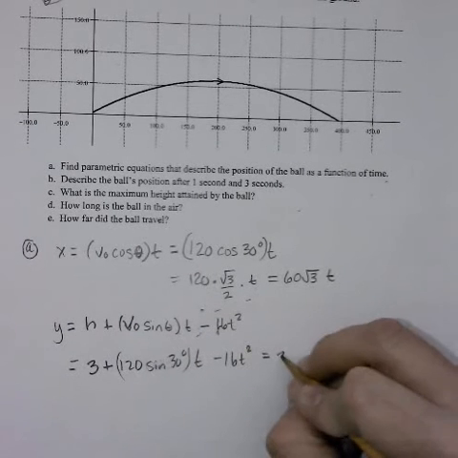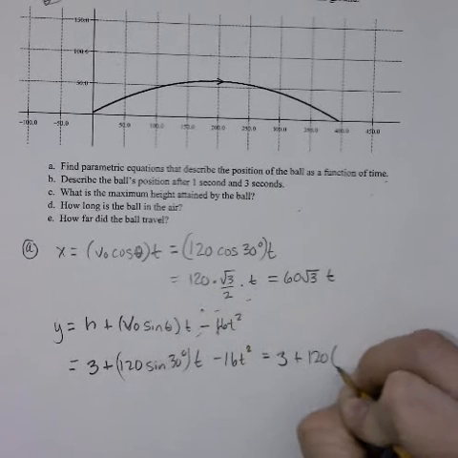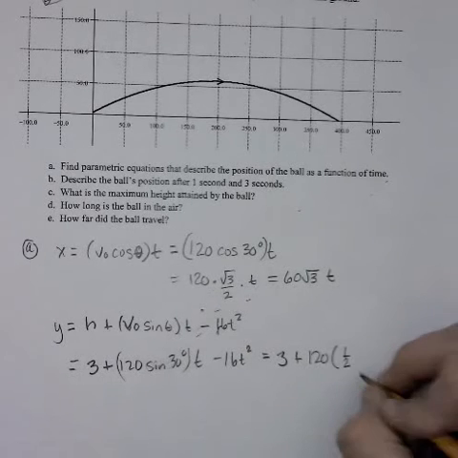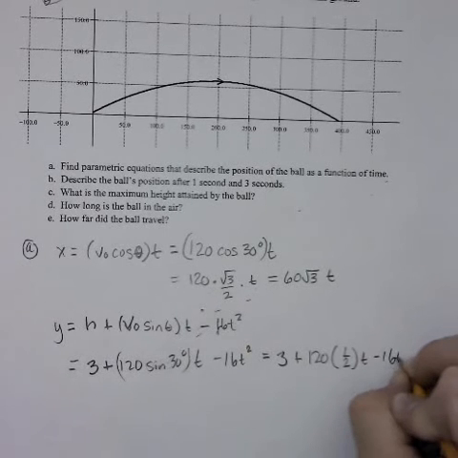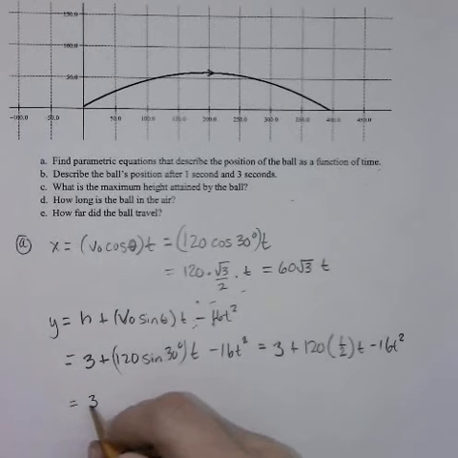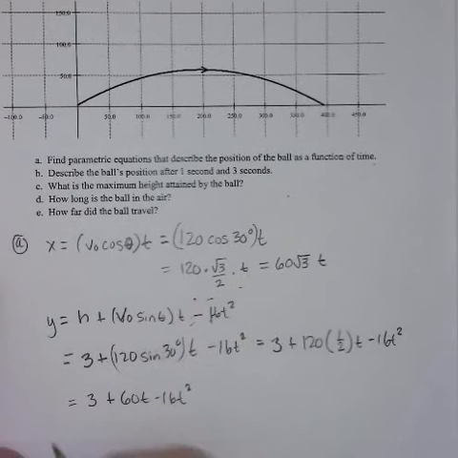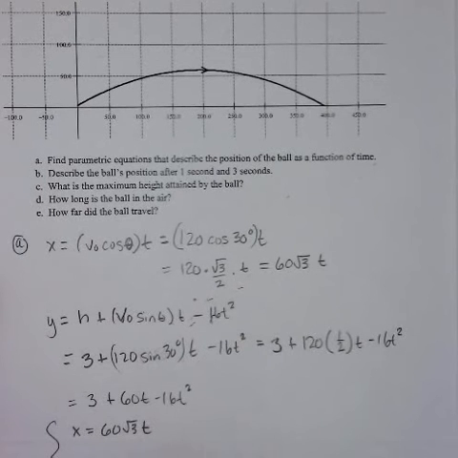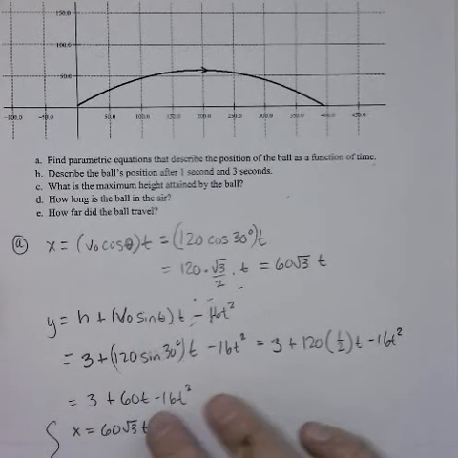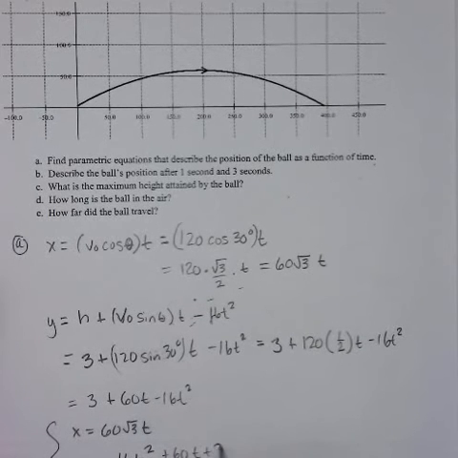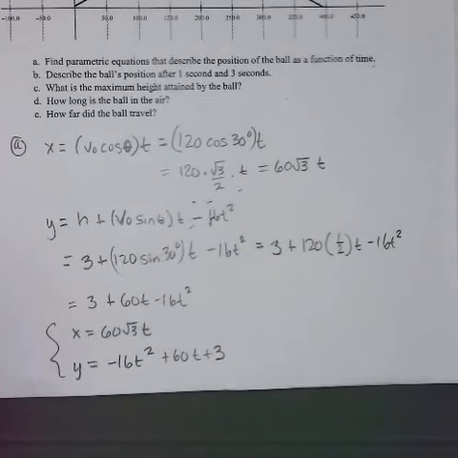So 3 plus 120 times 1/2 t minus 16t squared, which is 3 plus 60t minus 16t squared. So our equations: x equals 60 square root of 3 t, and y equals, since y is quadratic, maybe you want to write the t squared term first. There are our parametric equations.